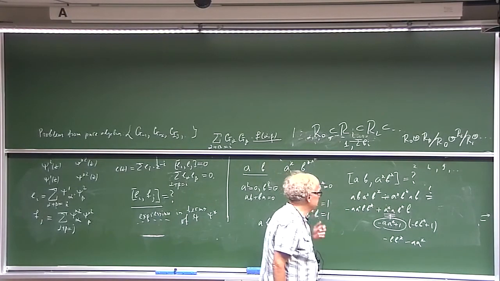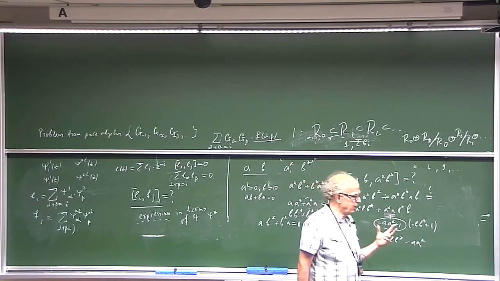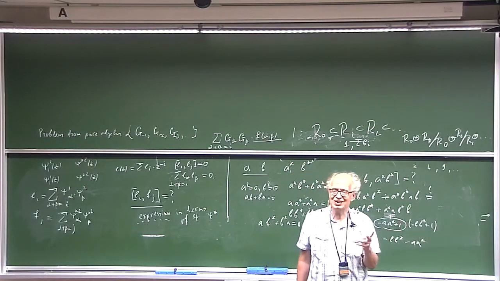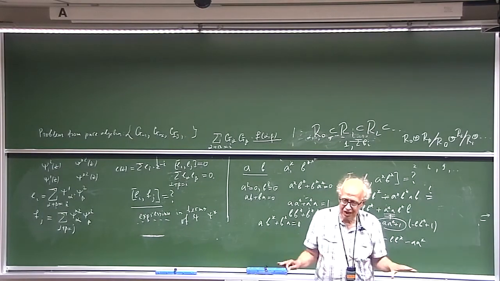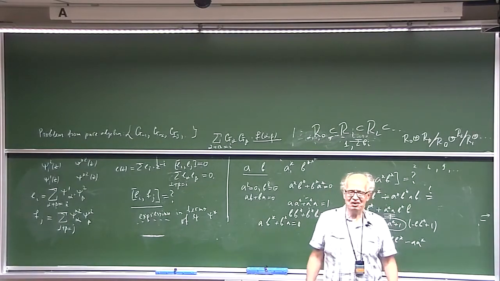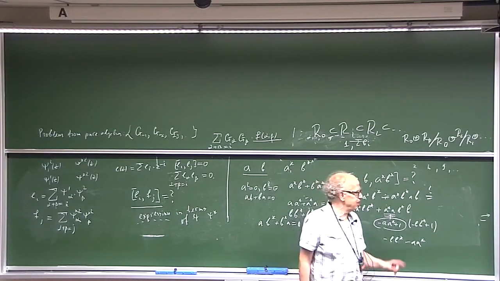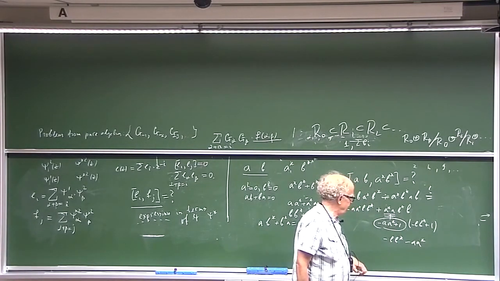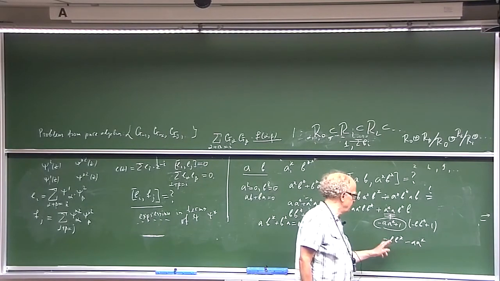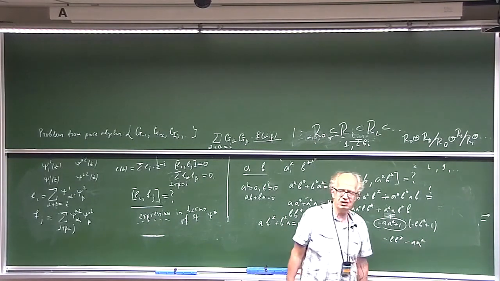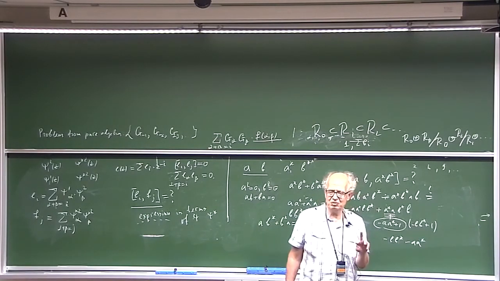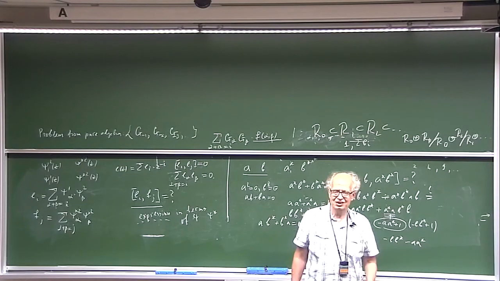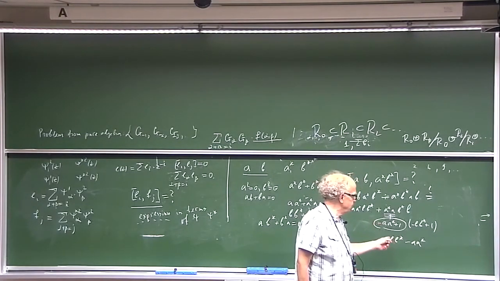And in principle, it can appear something of degree 4, maybe even 3. But 9, no. We have only quadratic things. In this case, yes, but if we write it in a different order, we get, in principle, some constant. So if we do it just this way, we get just this.